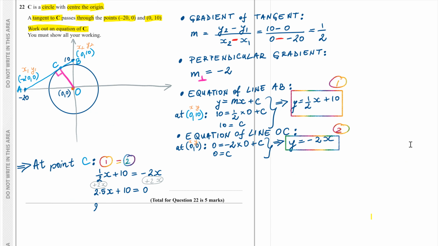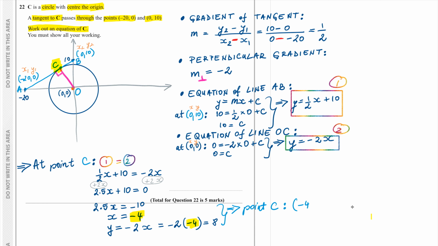Subtract 10, 2.5x is equal to minus 10, and divide by 2.5, x is minus 4. Now that we have the x, we can work out y. The y is minus 2x, replacing x, is minus 2 times minus 4, and this is equal to 8. So now we have a point on the circumference, the coordinate point of point C, (-4, 8).